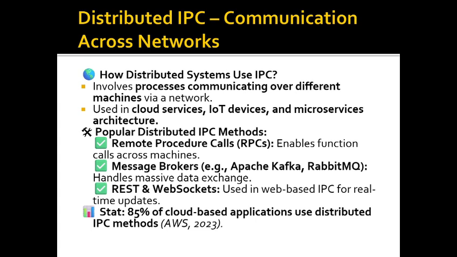The popular distributed methods are remote procedure calls, message brokers, REST, and WebSockets. Remote procedure calls enable function calls across machines, message brokers handle massive data exchange, and REST and WebSockets are used for real-time updates.